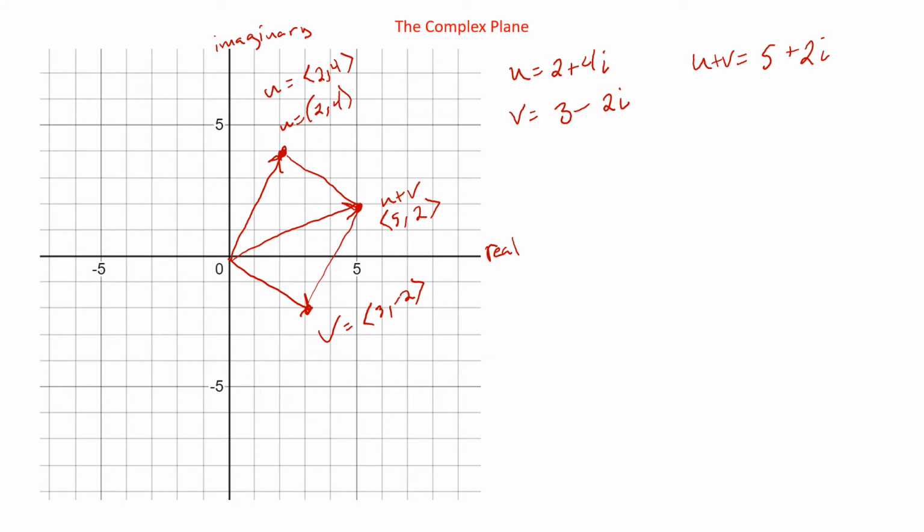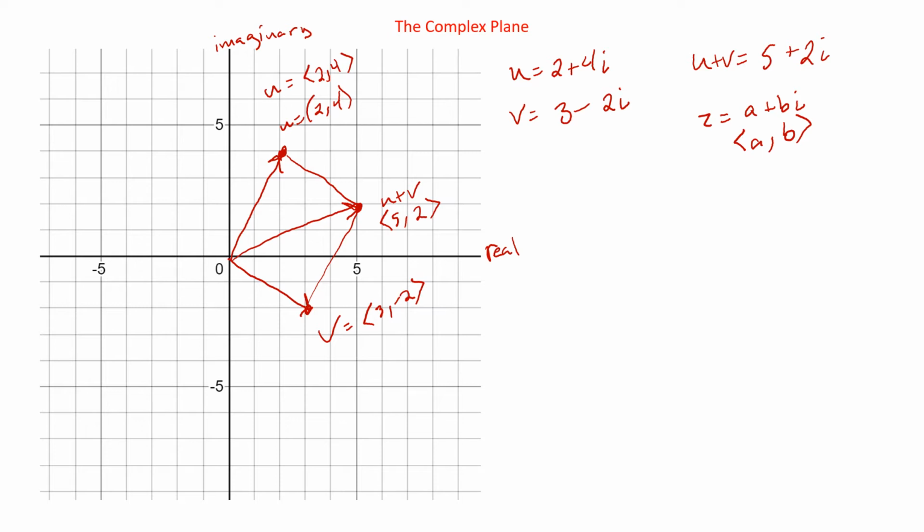So again, in the complex plane, the x-coordinate is the real value, the y-coordinate is the imaginary value, and coming from the origin, it's just a comma b for the vector. Remember the standard form, so a lot of times we write our complex number as z. It's going to be a plus bi. And in vector form, that's just a comma b. The same as when we plot it, a comma b.